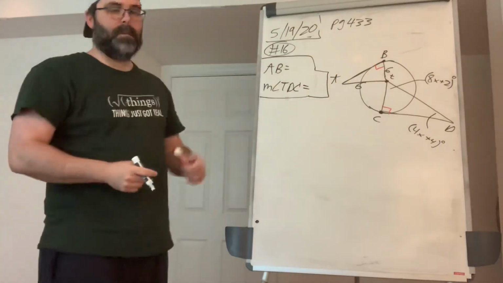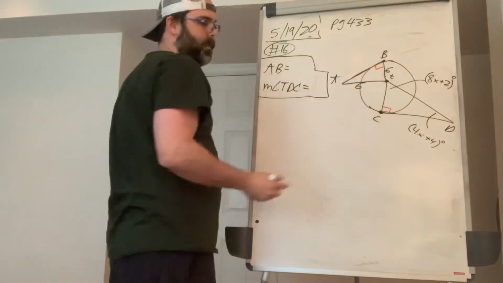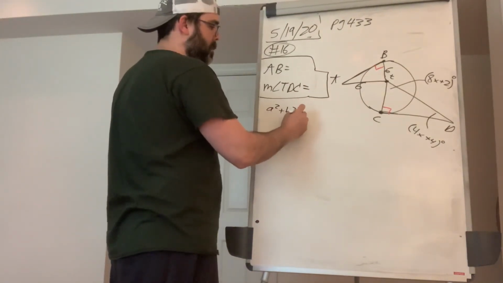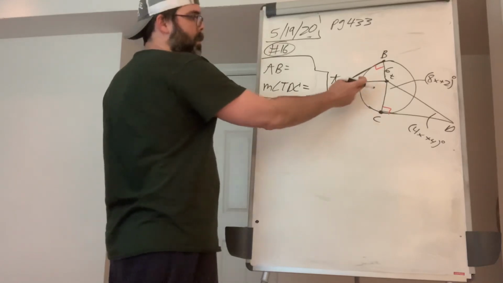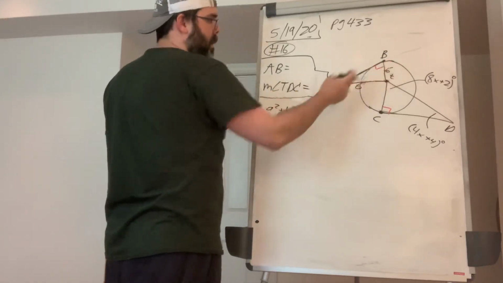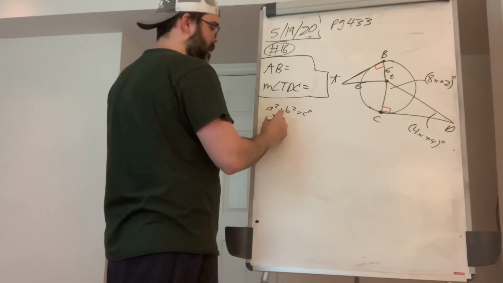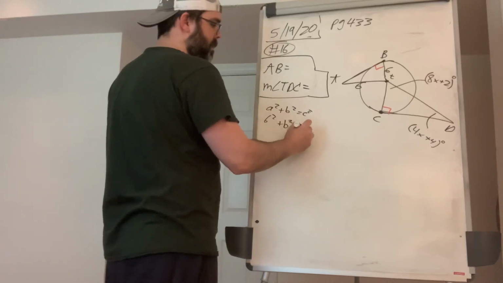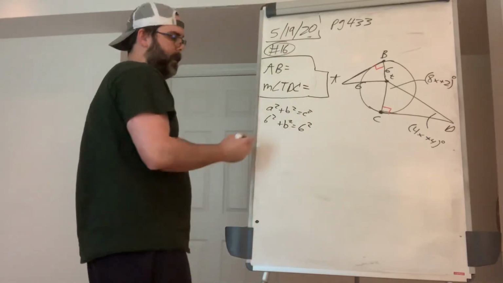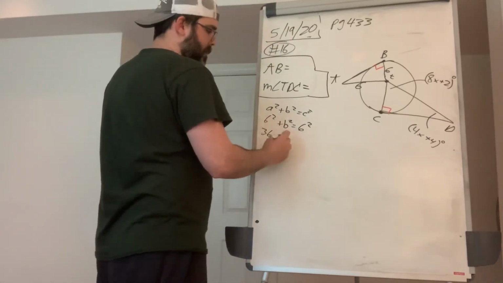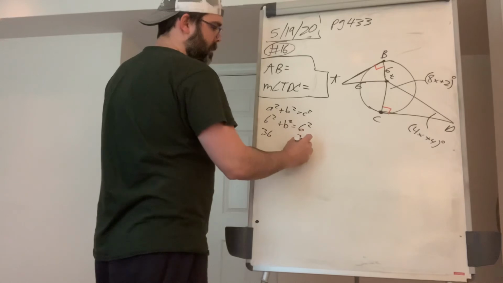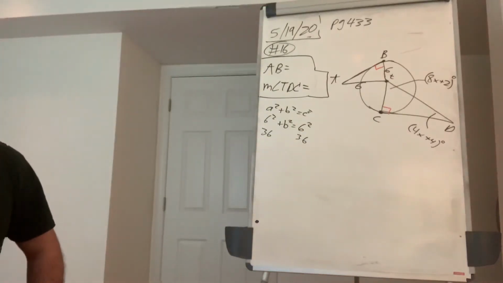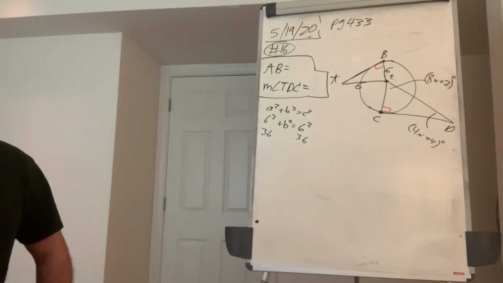So let's find AB first. This is just a right triangle. We're solving for B. So A squared plus B squared equals C squared. Here we know C and A are 6. 6 squared plus B squared equals 6 squared. This is 36. Wait, did I mess this up? I did.